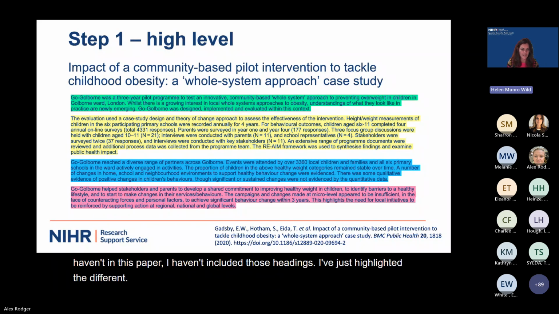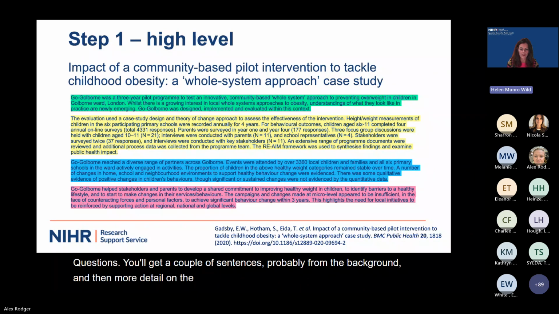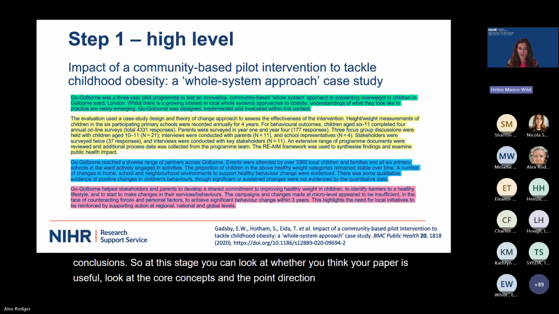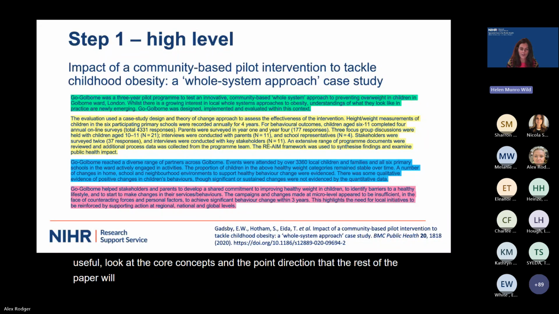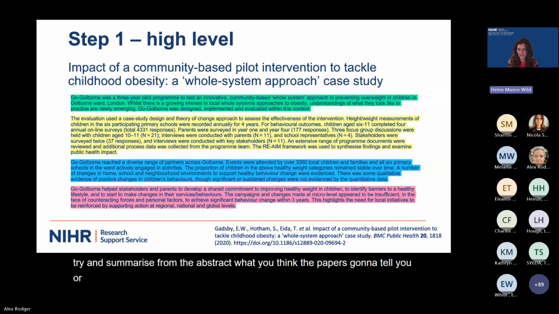You'll get a couple of sentences probably on the background, and then more detail on the methods, and then the results and the conclusions. So at this stage, you can look at whether you think the paper is useful, look at the core concepts and the direction that the rest of the paper will take. I think sometimes it can be quite useful at this point to actually try and summarise from the abstract what you think the paper is going to tell you, or does tell you, in a couple of sentences.